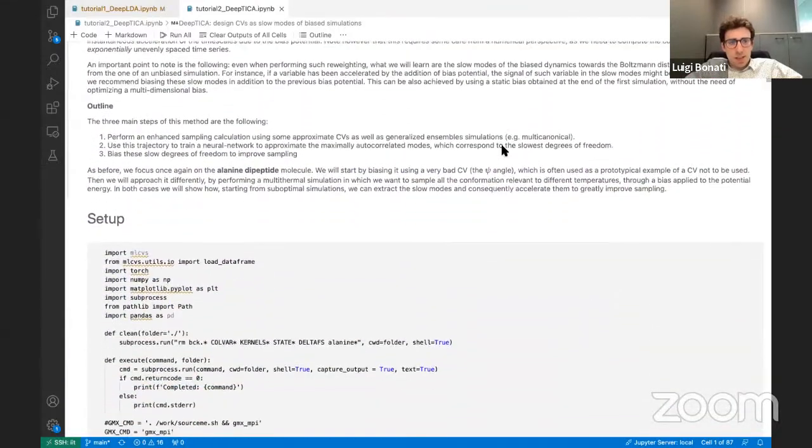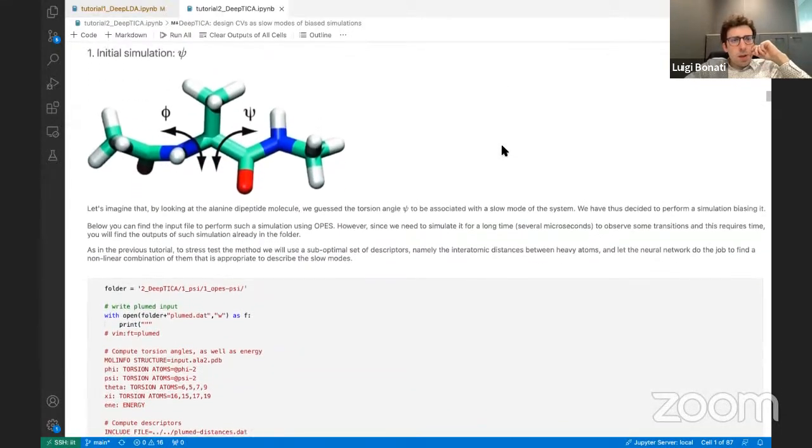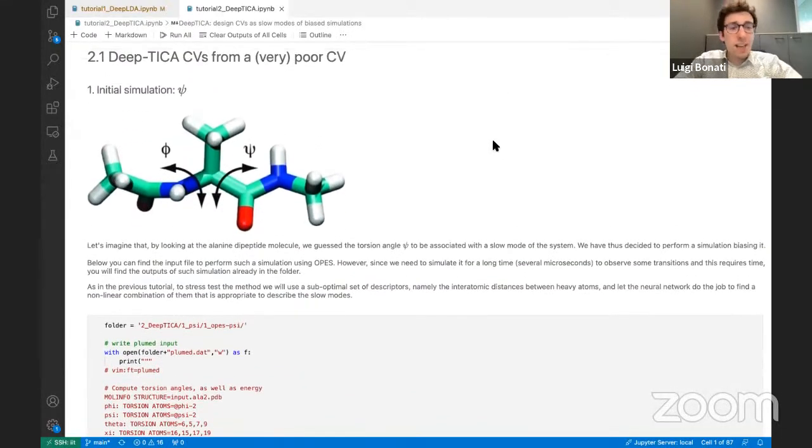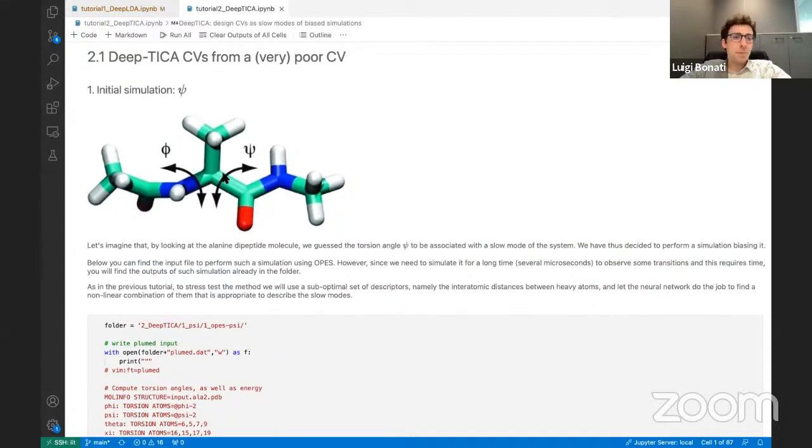Here there was the introduction. Here I put two examples, which are two possible scenarios. In the first, we assume we started from a very poor collective variable.